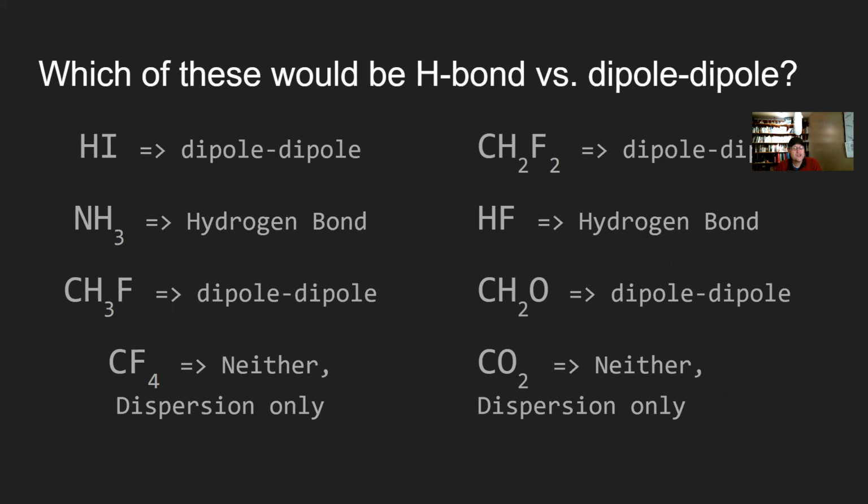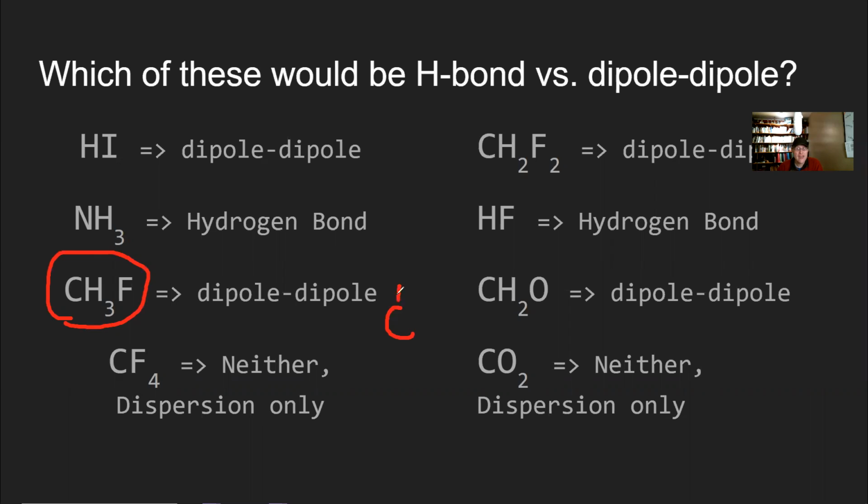Between the nitrogen and hydrogen in ammonia, you would have a hydrogen bond between one ammonia and another ammonia molecule. Some people would say, if you take a look at the CH3F, that it would have a hydrogen attraction.